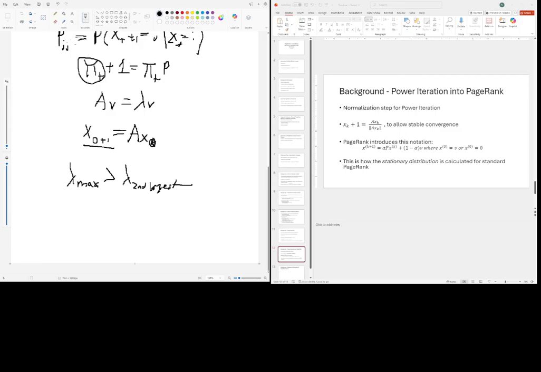So that's how standard PageRank is calculated. We will get into what alpha is and also what 1 minus alpha v is, but we've already defined v as the teleportation distribution.